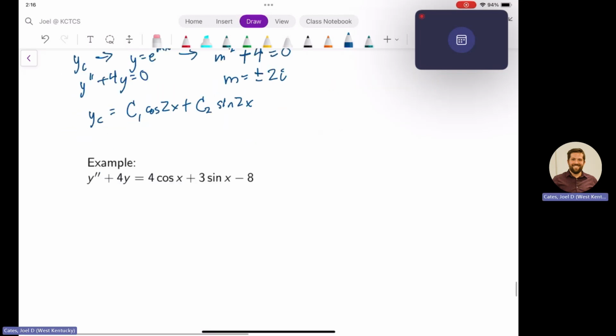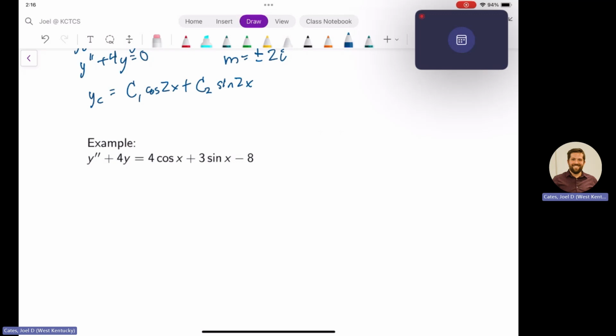Looking at my particular solution, what does it take to annihilate this? Well, let's put this in annihilator form to start with.